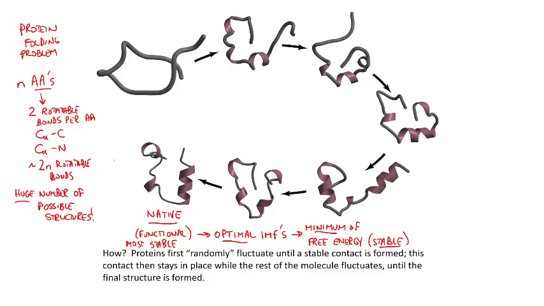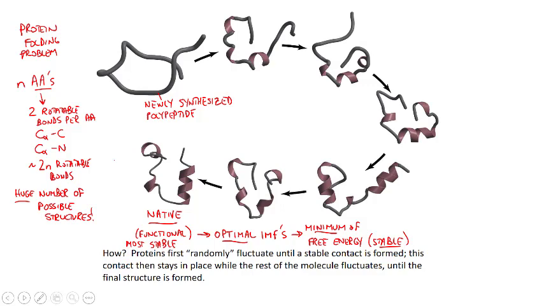So the way it works is like this. Whenever you have a protein that is first synthesized, it truly is just all coil. At the very end of the course, we'll see how protein molecules are synthesized on the ribosome. And when they're first made, they are indeed just sort of a random string of amino acids.